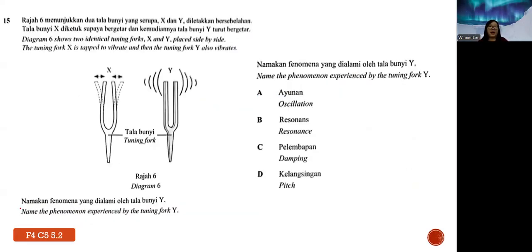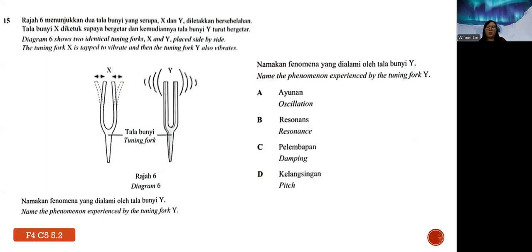Number 15, diagram 6 shows two identical tuning forks X and Y placed side by side. Tuning fork X is tapped to vibrate, and then tuning fork Y is also vibrating. Since they are identical, they are the same. So when only X is vibrating, Y didn't vibrate at first, but X will actually transfer energy to Y, causing it to vibrate as well.